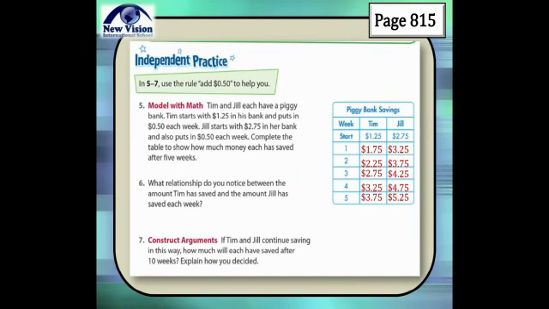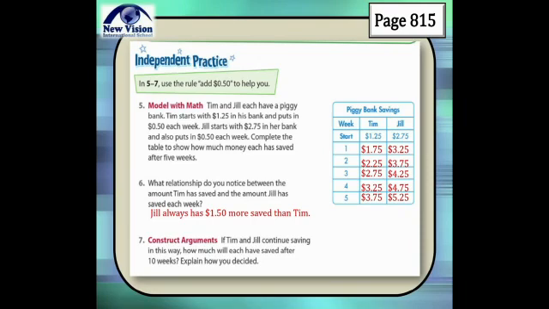Number 6. What relationship do you notice between the amount Tim has saved and the amount Jill has saved each week? Jill always has $1.50 more saved than Tim. Next, number 7. If Tim and Jill continue saving in this way, how much will each have saved after 10 weeks?